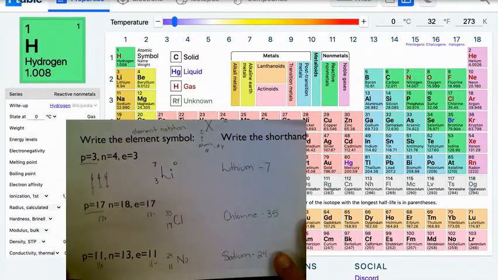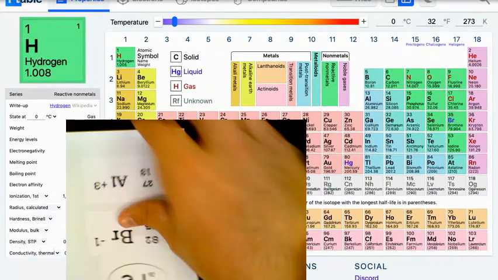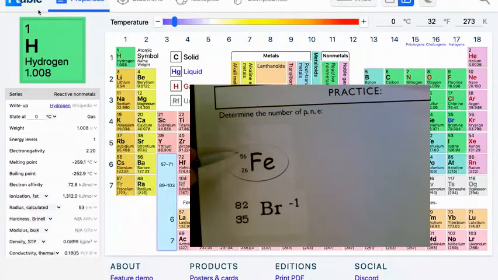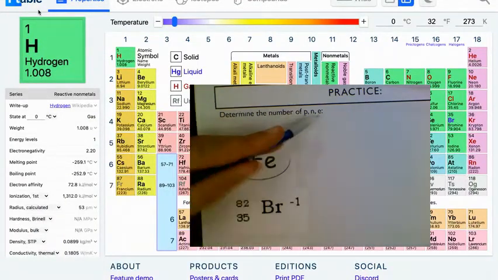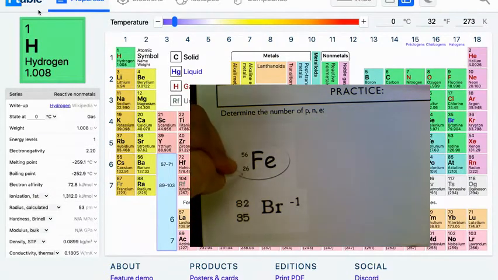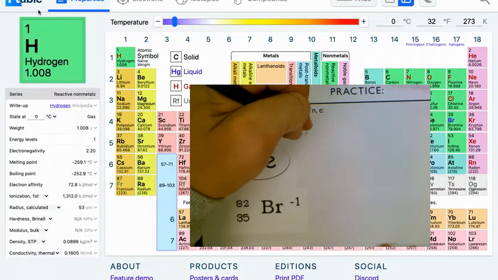Okay, so let's go ahead and do it the opposite way. Here we're going to determine protons, neutrons, and electrons by looking at an element notation. Well, we know this number gives me my number of protons. So my protons is 26.